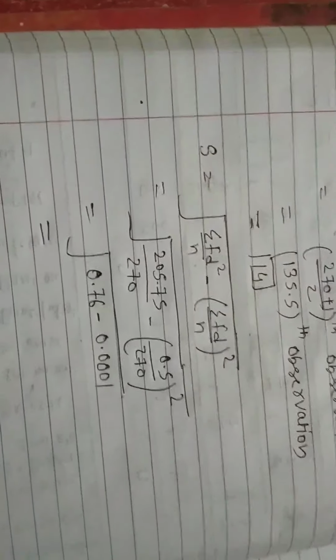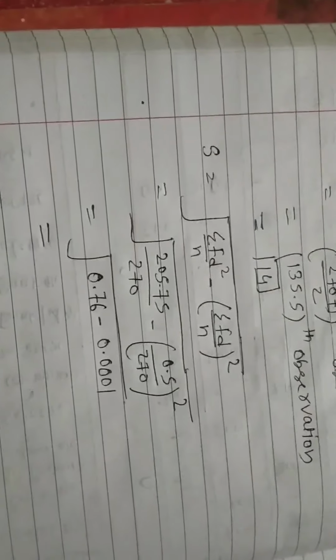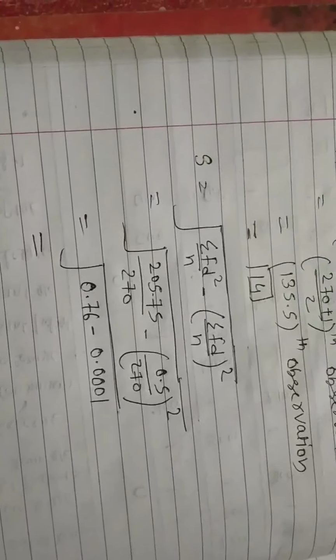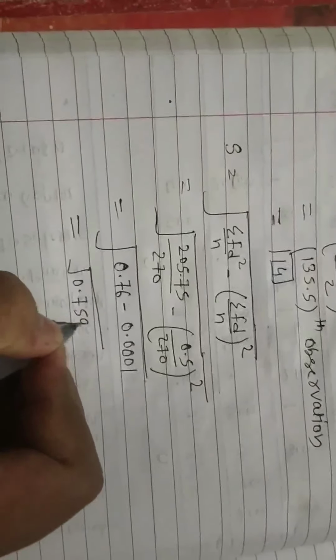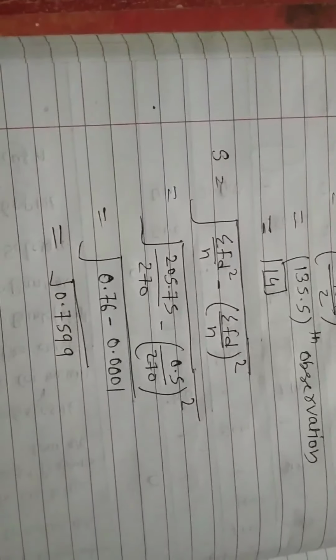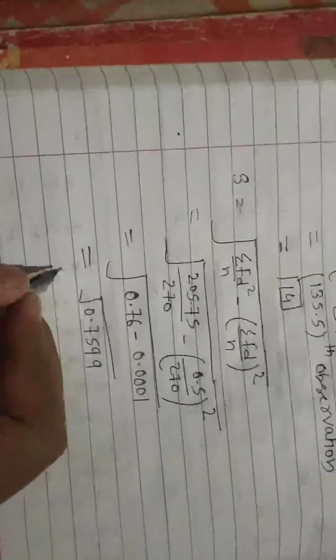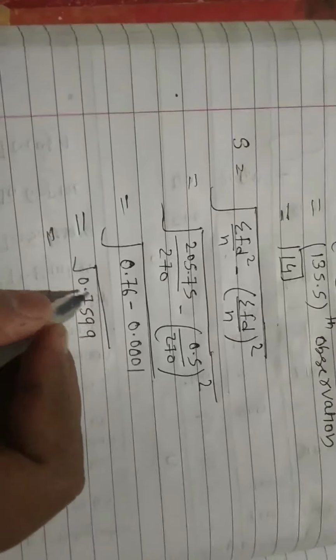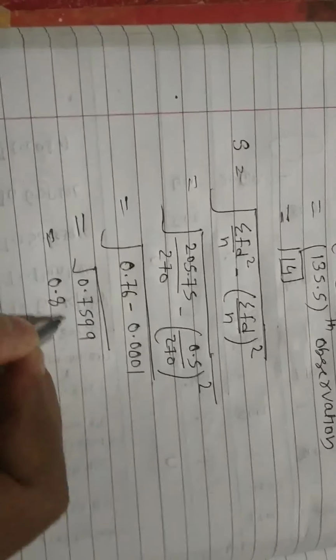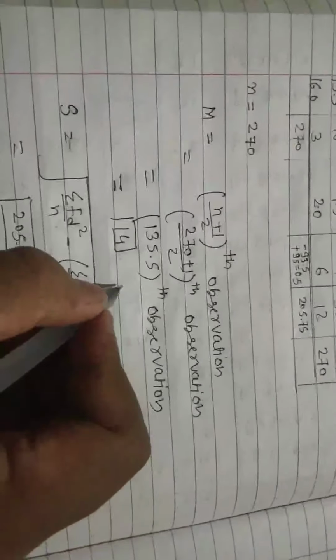Then 0.76 minus 0.0001 is 0.7599. After that we take the root, so the answer is 0.87. In all answers we add the unit inches.